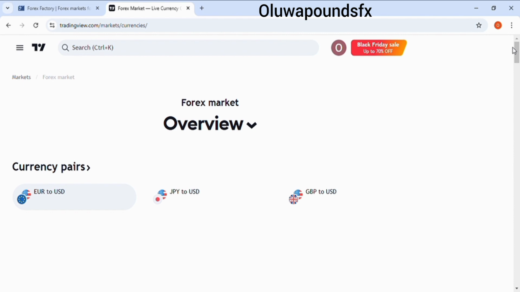CPI comes in different currencies: you have CPI in GBP, AUD, USD, CHF, and CAD. In all these currencies, you'll be trading CPI also. So we have NFP, PPI, and CPI in all the currency pairs.